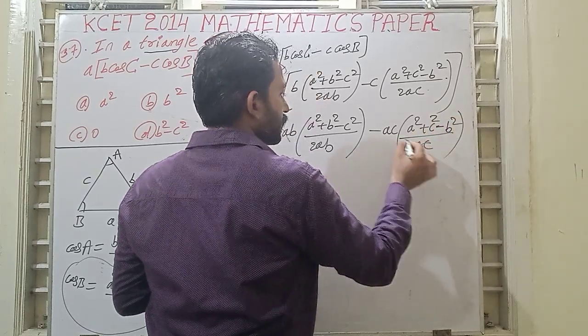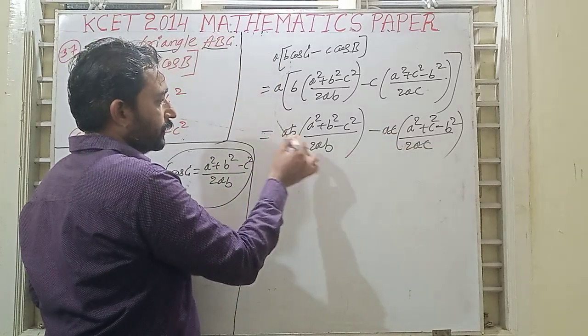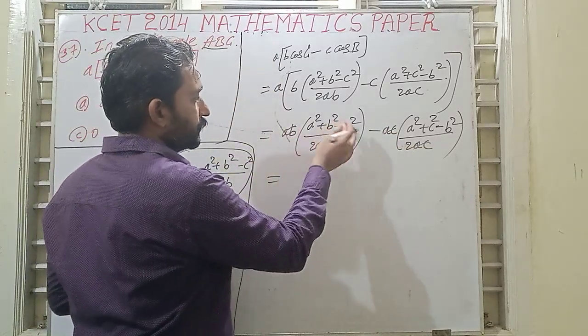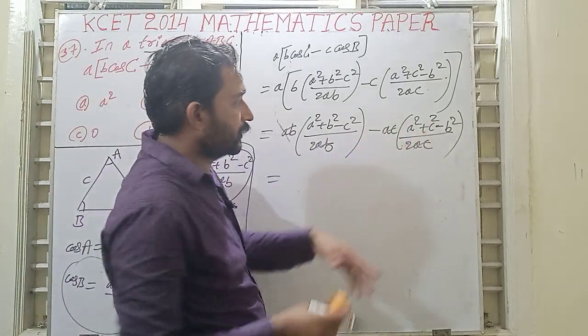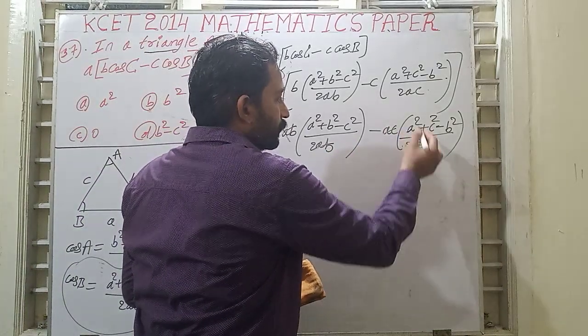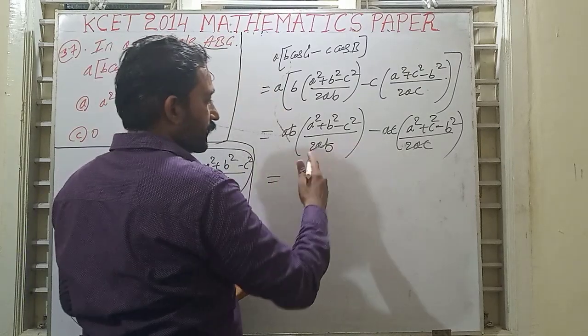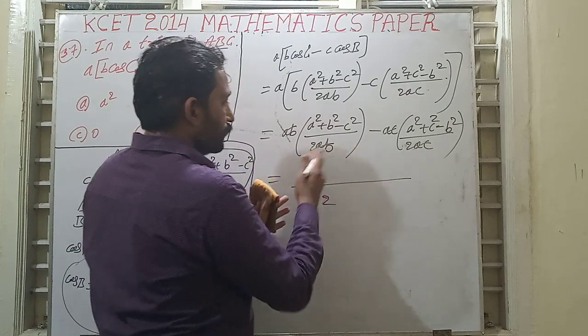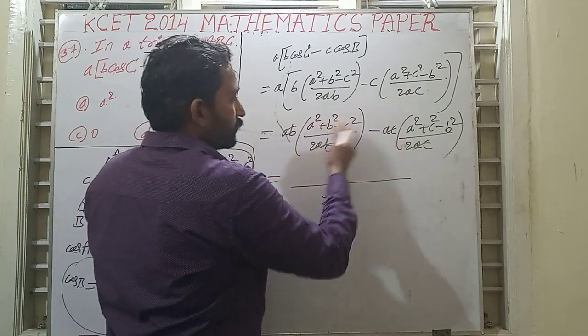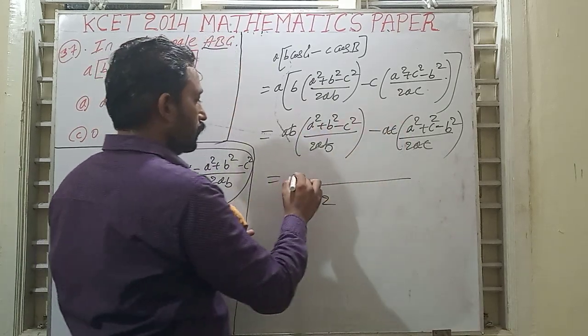Here ac gets cancelled and ab gets cancelled, remaining a square plus b square minus c square divided by 2, minus a square plus c square minus b square divided by 2. So here 2 is the LCM. In both terms 2 is the common term, so subtract these two numerators directly.